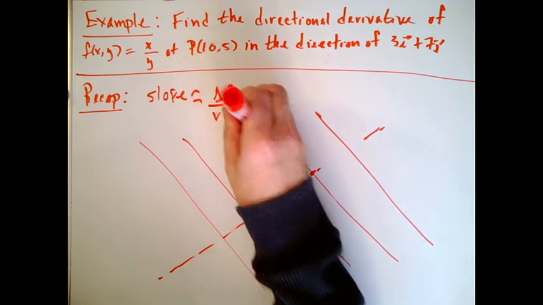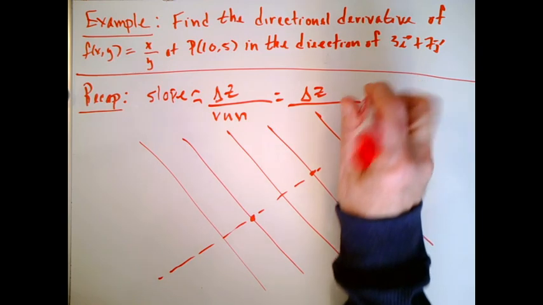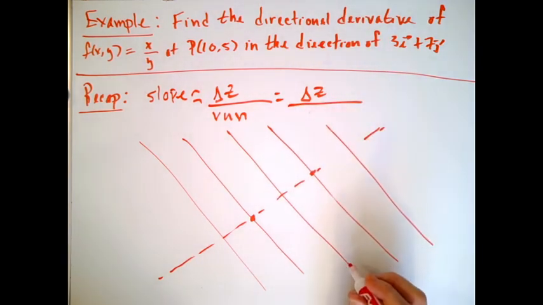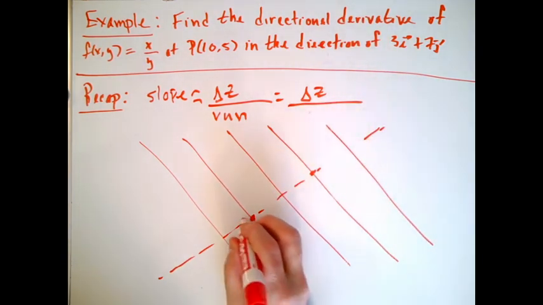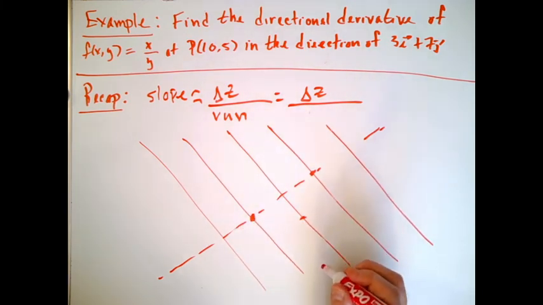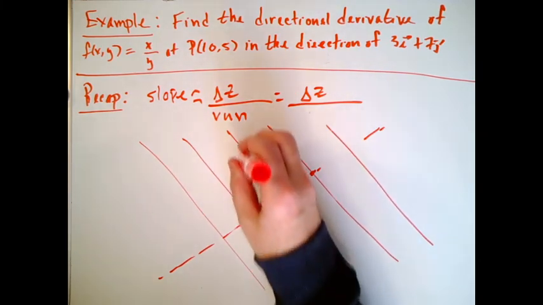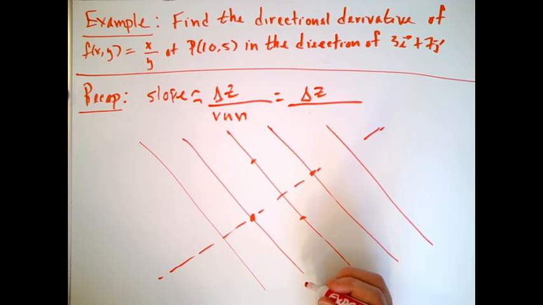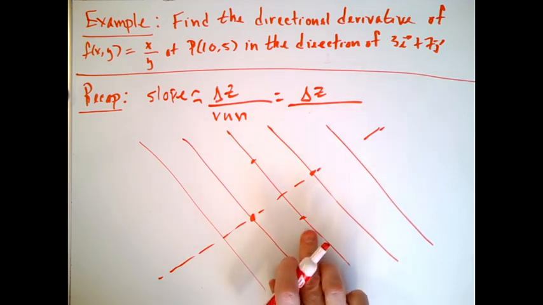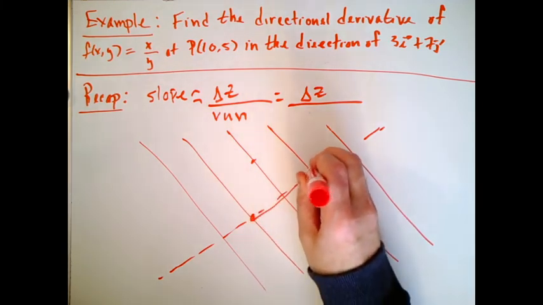We'll worry about the run in just a second. I'm going to write down this is delta z. What's the run going to be? Well, when we went west-east, the run was just the horizontal distance from this point to this point. When we did chops that were parallel to the y-axis, we just went straight up, and it was just delta y. But now what we want is not the distance in the plane between these two points, but the distance in the plane between those two points.